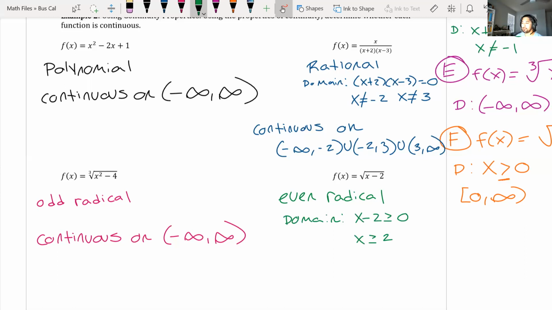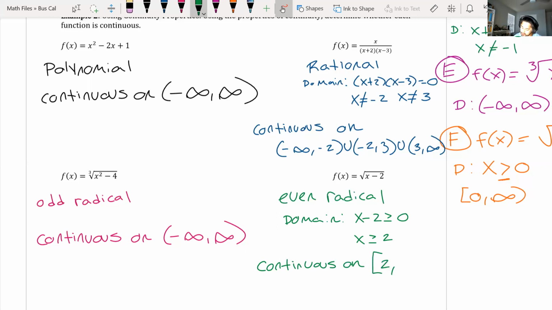All good? Yes. And now, in interval notation, we are going to say that this function is continuous on what interval? Where do we start? 2. Is it included? Yes.